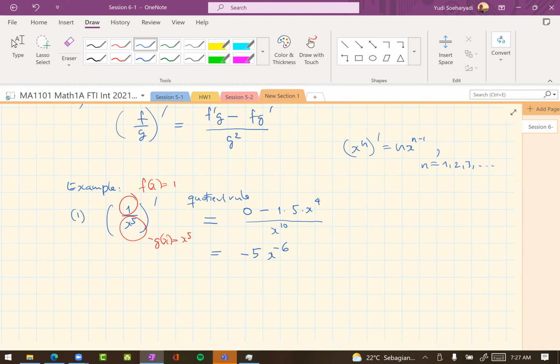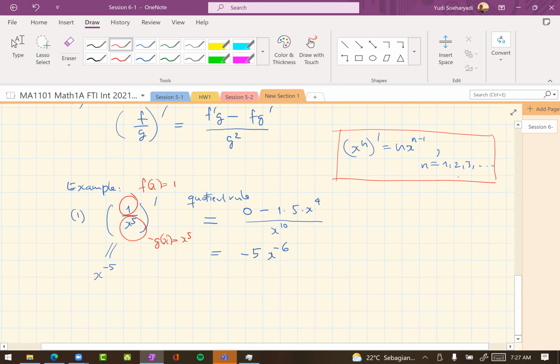It turns out that because 1 over x to the fifth is the same as x to the power of negative 5, the formula here is still true for negative n.